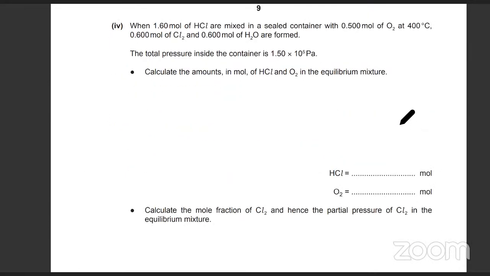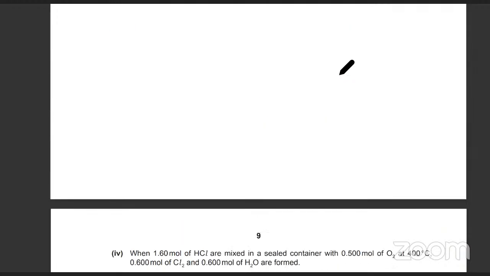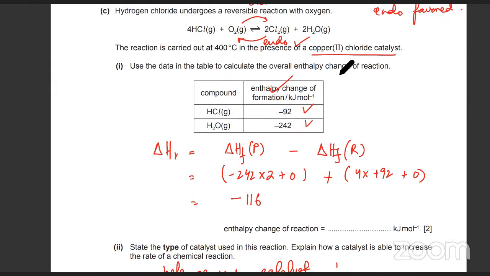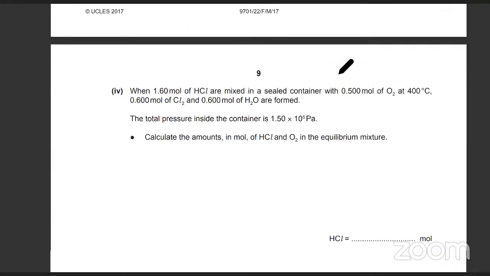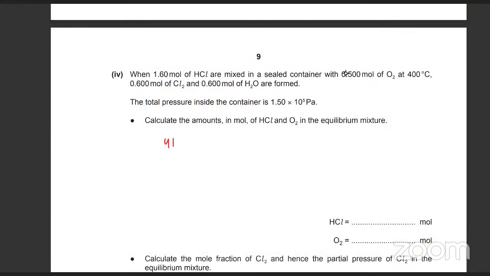Now we've got an equilibrium, a KC question. They're asking you to find the moles of HCl and O2 in the equilibrium mixture. For this, we would have to write the equation first. That's 4HCl plus O2, forming 2Cl2 plus 2H2O.